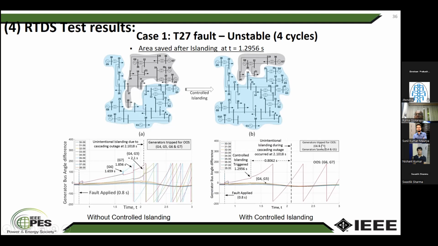Sorry, the generators that trip with the controlled islanding are G6 and G7. G6 and G7 are the ones we are losing here, whereas G4 and G5 are still intact. Okay. Whereas with the unintentional island, G4 and G5 were also gone.